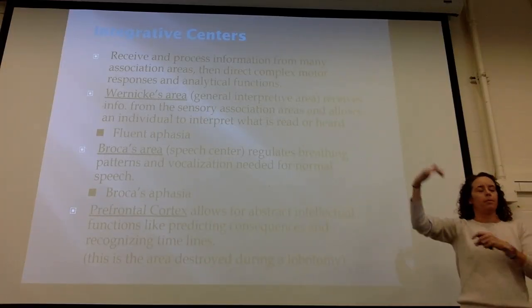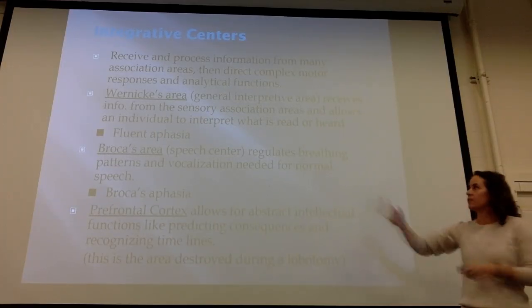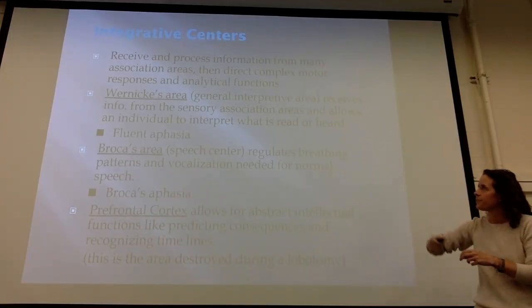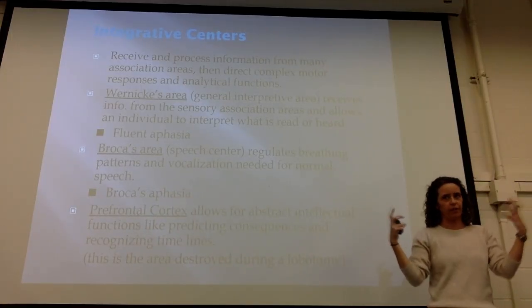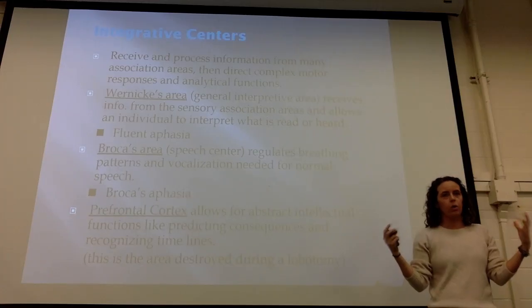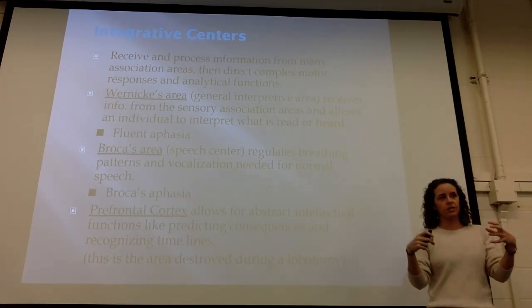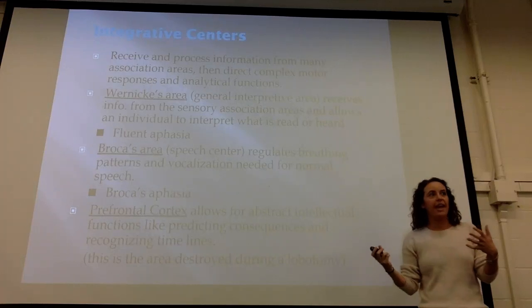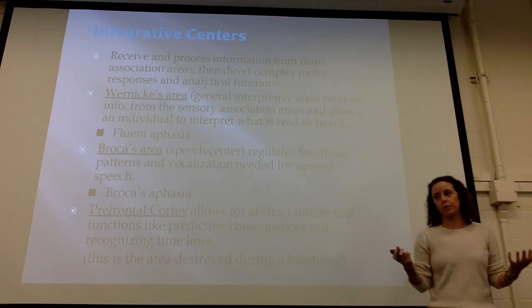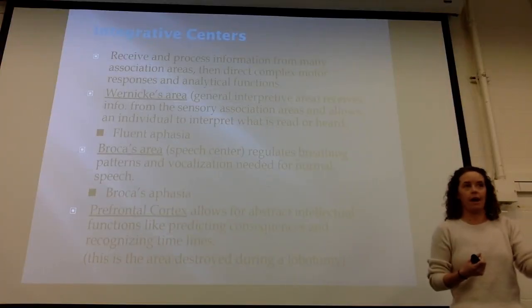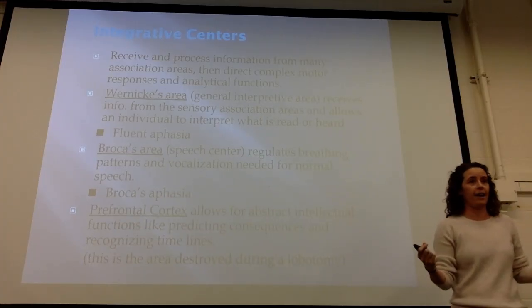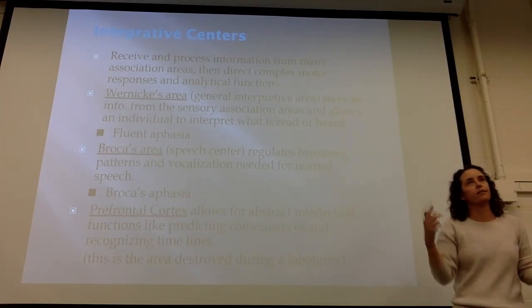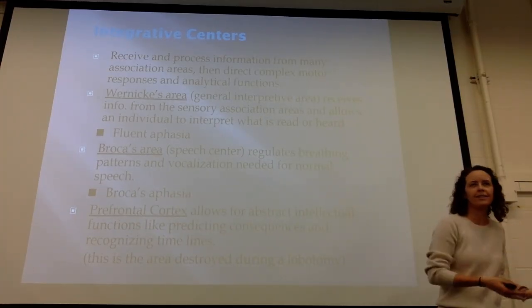The next step up from the association area is called an integrative center. The integrative center gives us a higher understanding of what's happening. So information from the association areas gets sent to the integrative centers, and then we are able to communicate about the cow, or read about the cow and write an essay about the cow, or understand that if we don't feed the cow it is going to die.